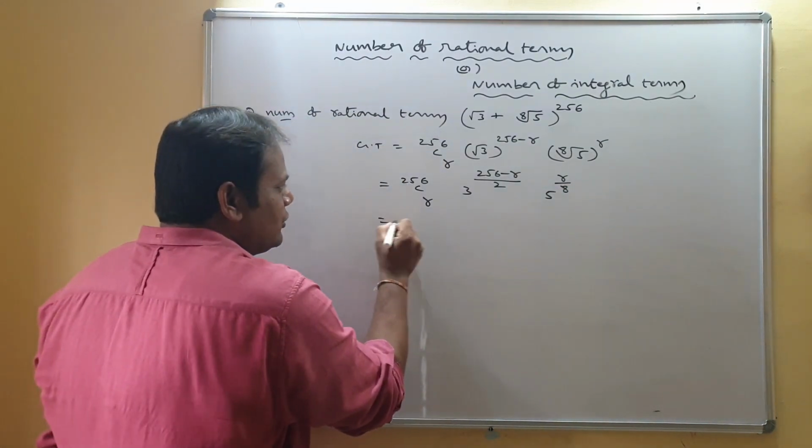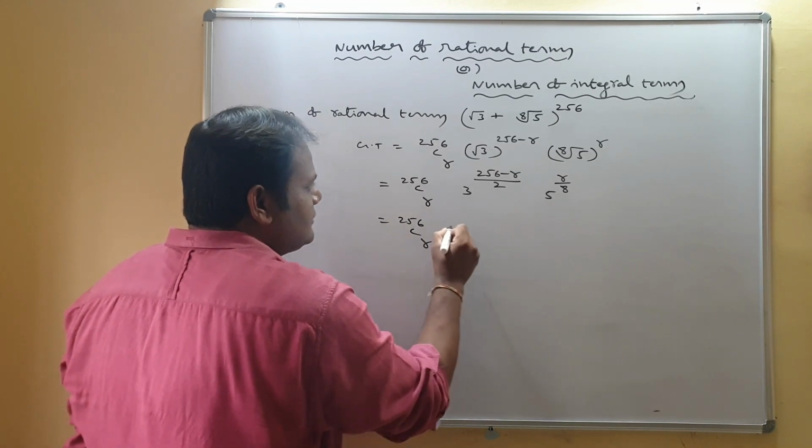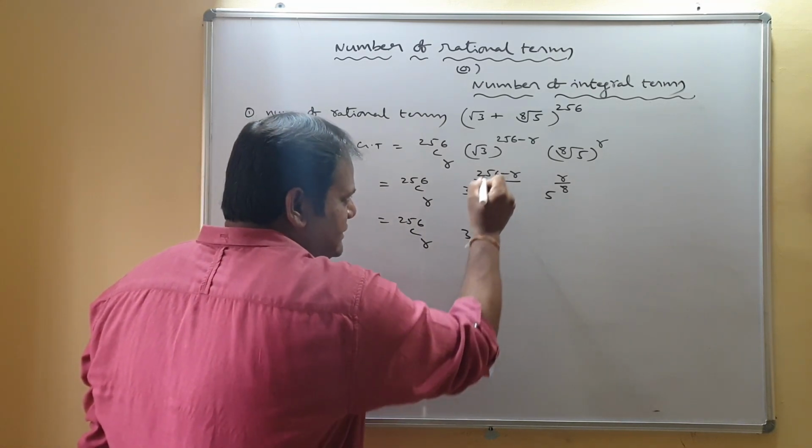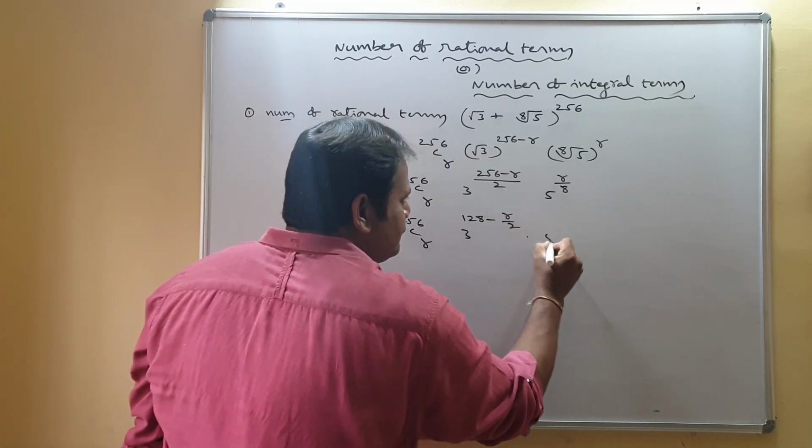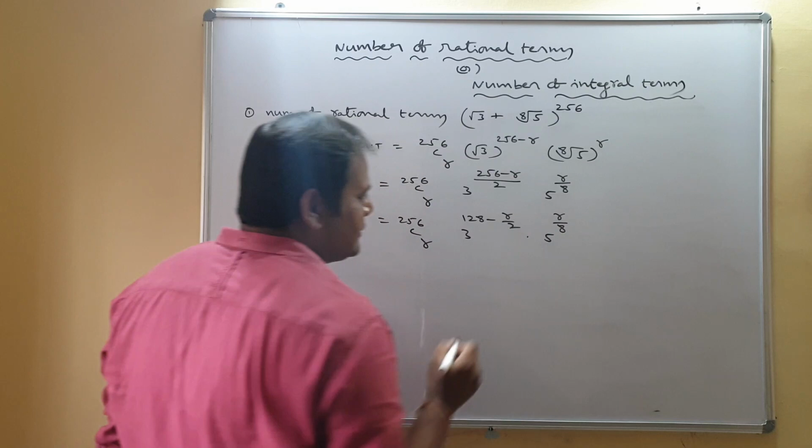Clear? So it is 256CR 3 power (256 minus R) by 2 into 5 power R by 8.